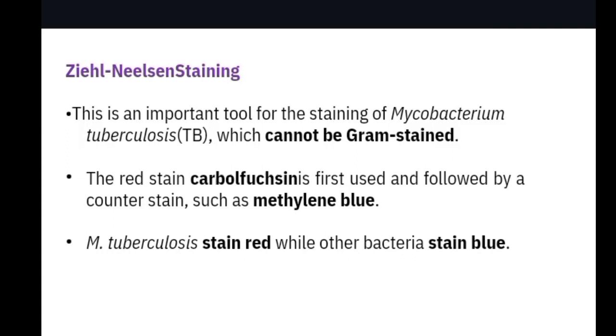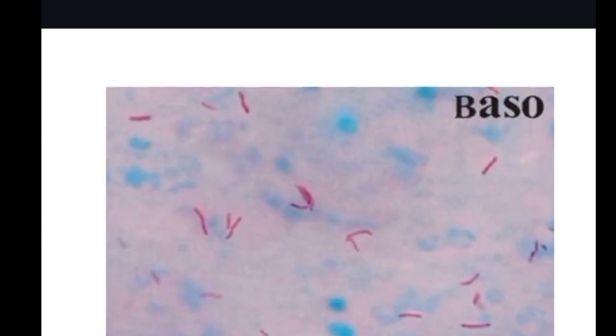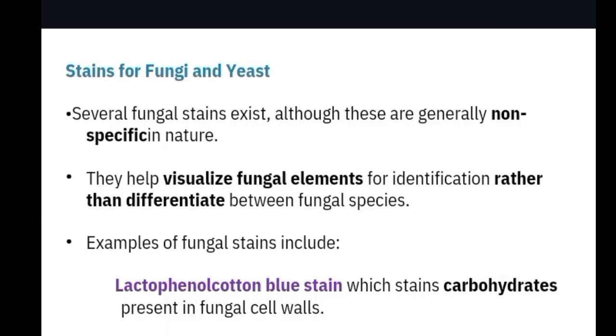The red stain carbol fuchsin is used, followed by a contrast stain such as methylene blue. M. tuberculosis stains red while others stain blue. So through the microscope we can see something like the diagram. The red stain is Mycobacterium tuberculosis, while the blue stain is methylene blue.